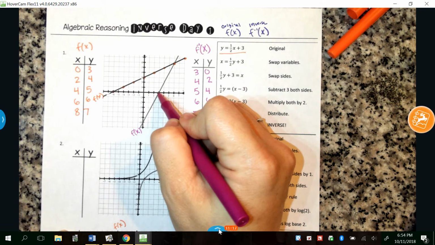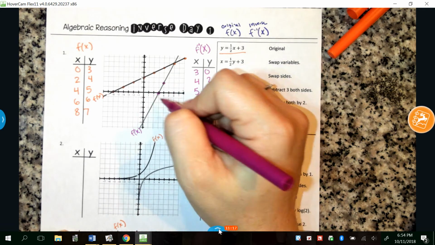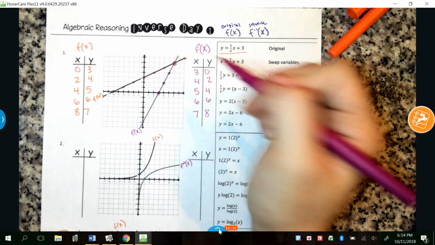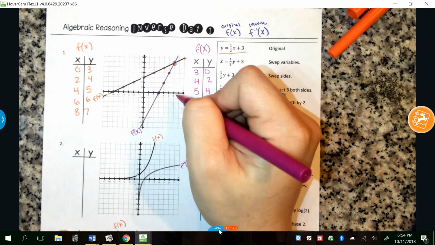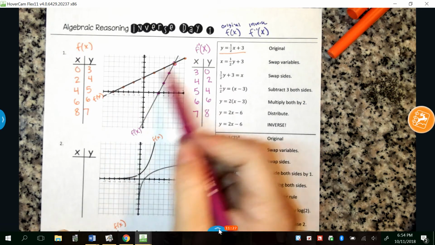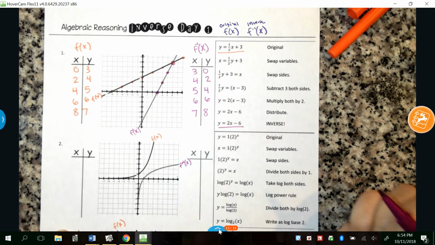So let's check it. 3, 0 is right here. 4, 2 is right here. 5, 4 is right here. 6, 6 is right here. 7, 8, I don't see. It would be right here, but it follows the pattern. So did it work? Yes. So this is our inverse.